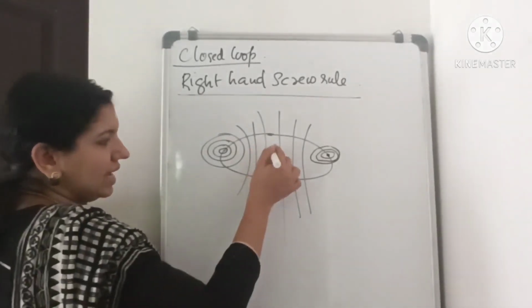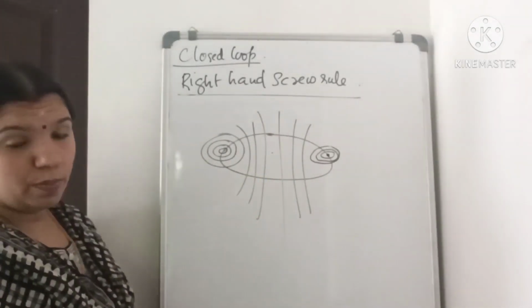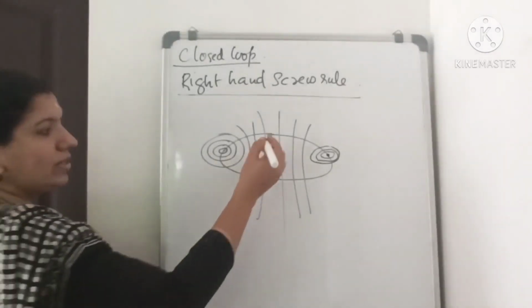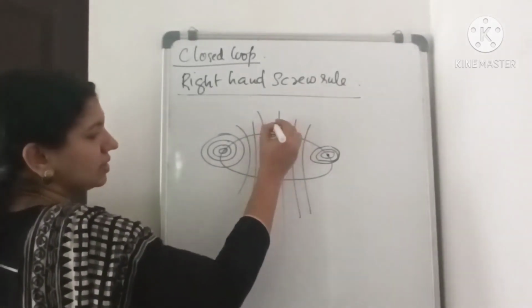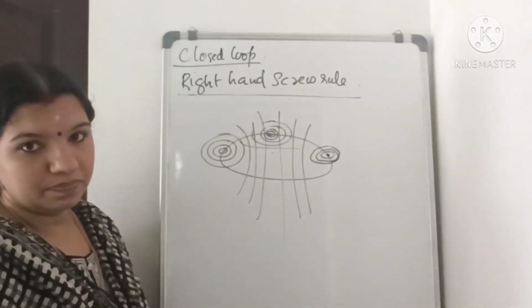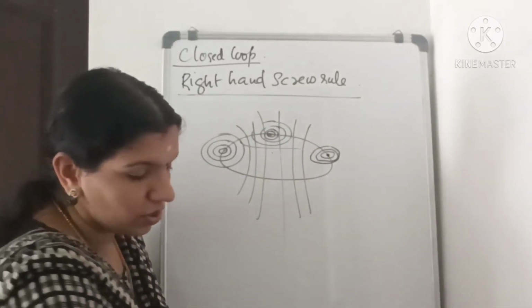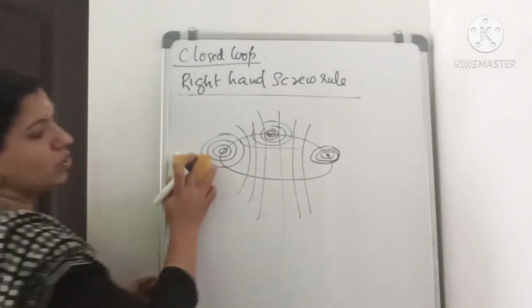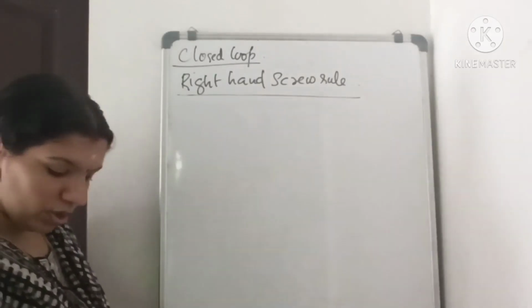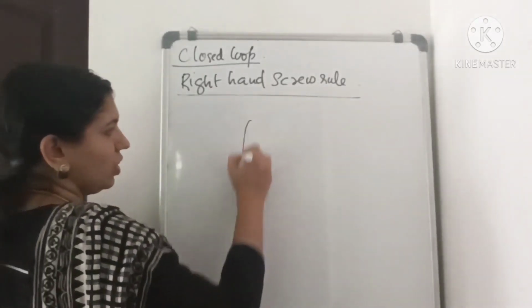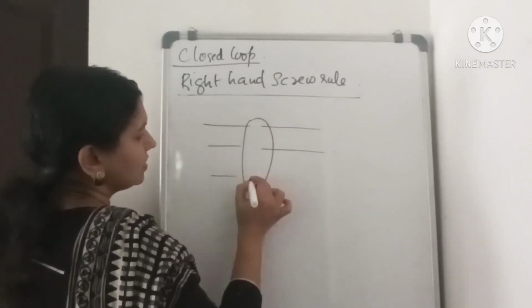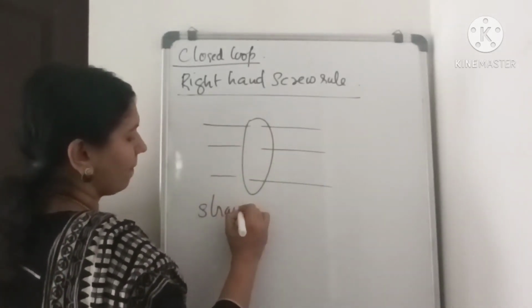Understand? So at the center of a circular loop carrying current, the magnetic field is very strong because from all the points the concentric circles are coming towards the center and it will turn into what? Sorry, it will turn into a straight line. So we can say that for a circular loop, the shape of the magnetic field lines will be straight lines.